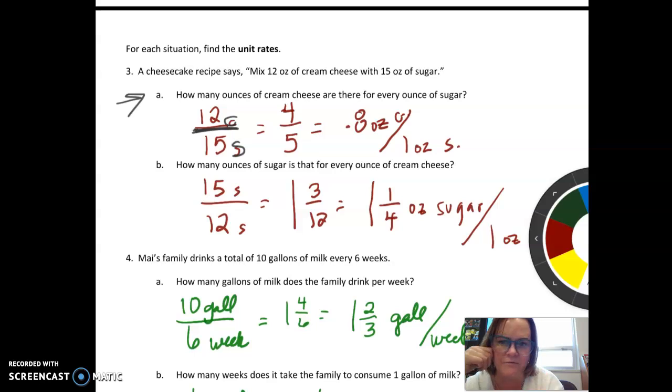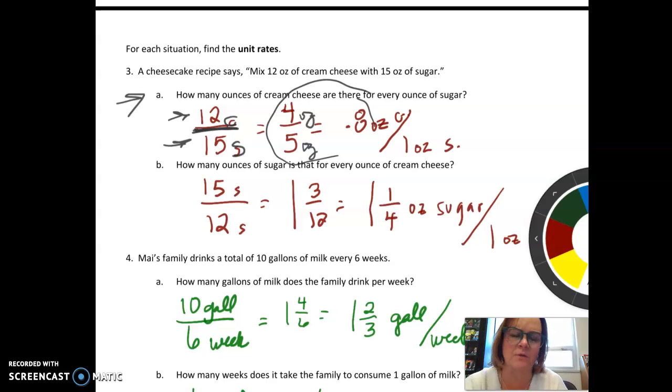So I'm just going to take 12 divided by 15, which I know because 3 goes into both 12 and 15. I know that's the same as 4 ounces of cream cheese for every 5 ounces of sugar. And I know that 4 divided by 5 will give me 8/10, 0.8, because this is all equivalent. So I know it's 8/10 of an ounce of cream cheese for every 1 ounce of sugar.